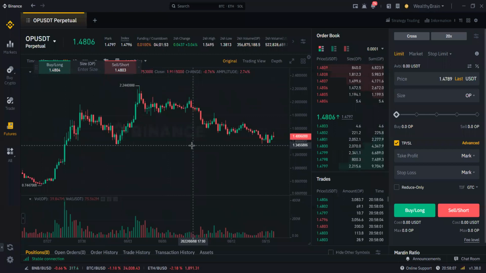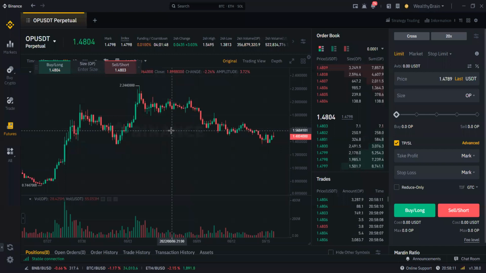So for those who are using the mobile phone, I'll also teach you how to go about it. For this now, if you go to the top right side, you can now execute your trade, because you are now in the OPUSDT, and all of you know what trading is. Either you buy or you sell. So where you see buy long, or sometimes the signal given to you might not say buy or short.